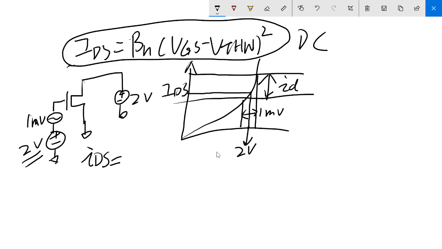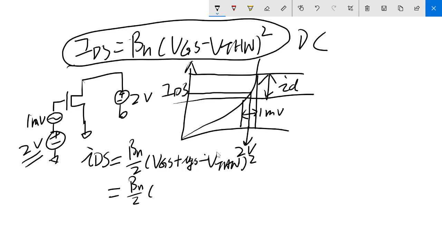So iDS equals (VGS, which is a DC, plus the small vgs, minus VTHN) squared. And this equals beta n over 2 times that, and we can use a smaller v with capitalized G and S to denote the combination of the DC and AC signal.